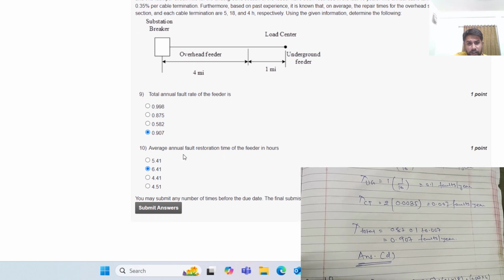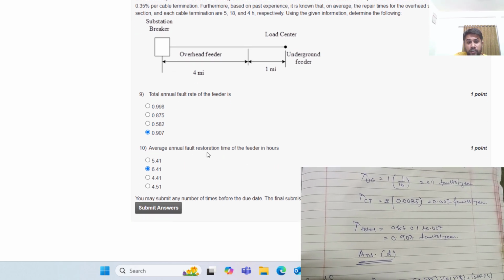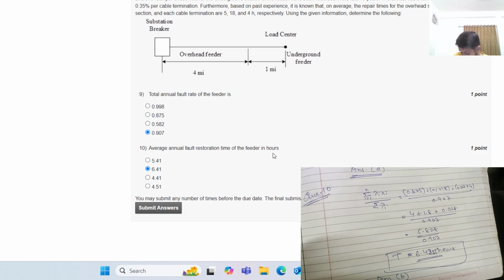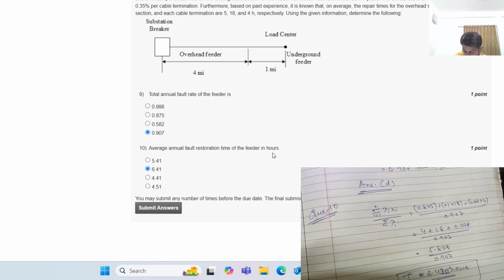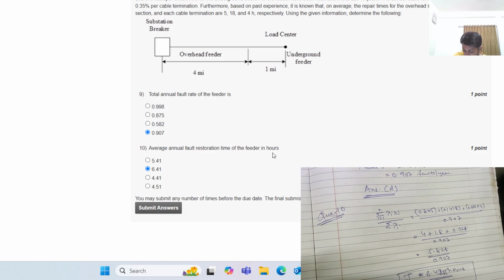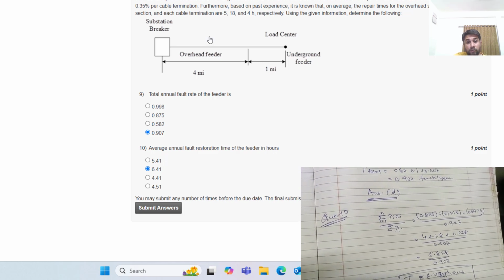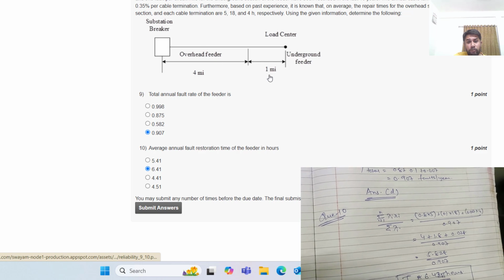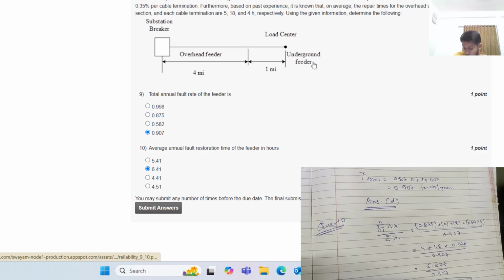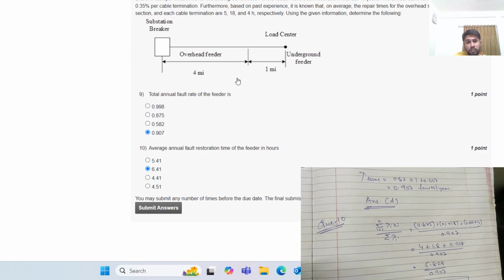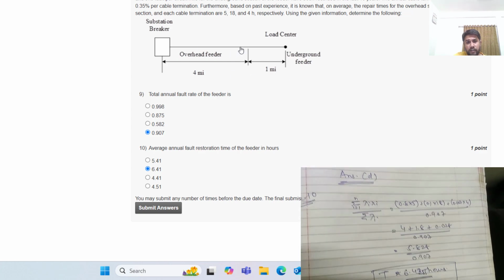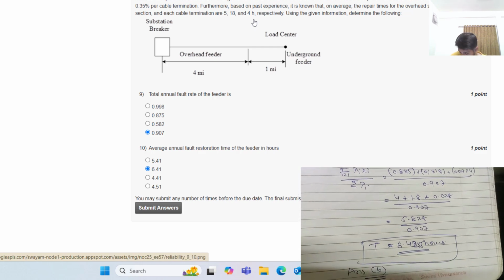And average annual fault restoration time of the feeder in hours can be calculated. Sigma i equals 1 to n of lambda i R i divided by sigma lambda i. So 0.8 times 5 hours plus 0.1 times 18 hours plus 2 times this value of 0.0035, so 0.007 times 4.